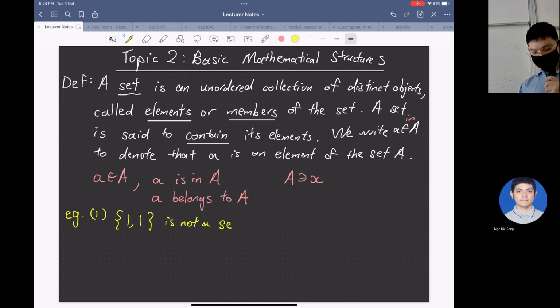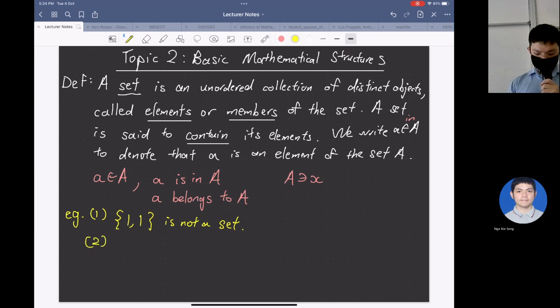But we will touch on this again because this is something called a multi-set. When we talk about multi-sets, we allow the same objects. I think it's also useful in real life. So this is not a set.